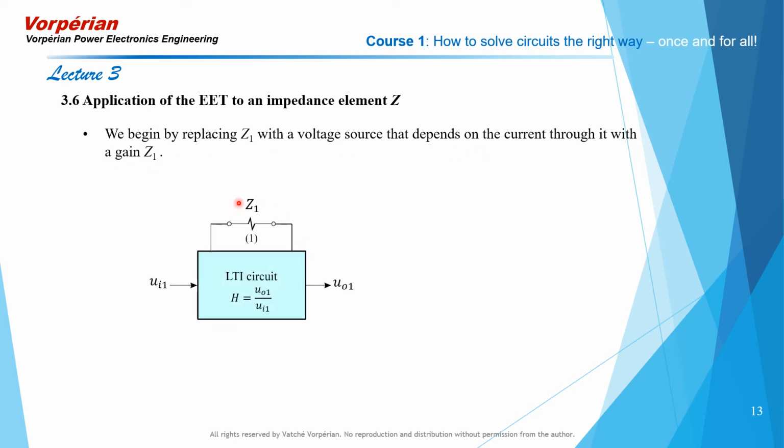So we have our original circuit in which there's an element Z1 that is the troublemaker. We designate this as the extra element.